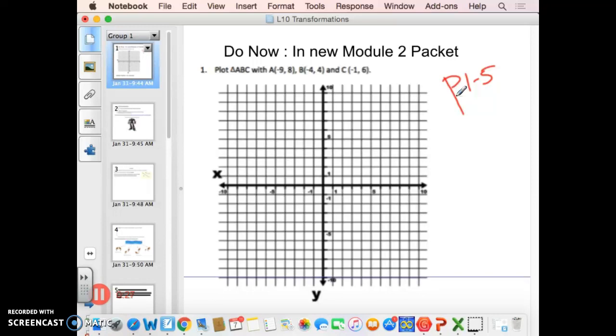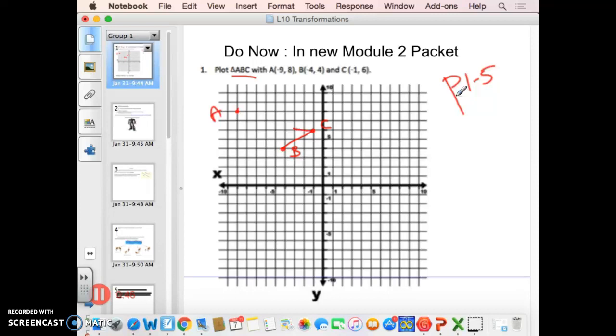So what you should see on the top of your paper is plot ABC with the coordinates -9, 8, so this would be A. B is at -4, up 4, okay? And then C is at -1 and up 6.